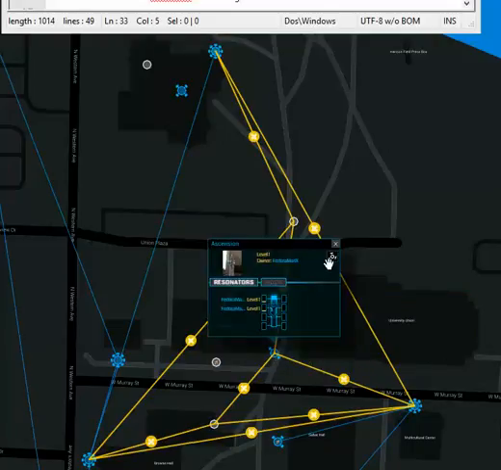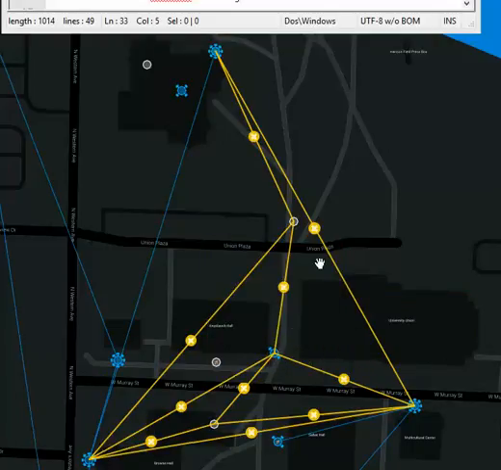So this is going to give us, I think, 10 triangles altogether, just these portals by themselves.